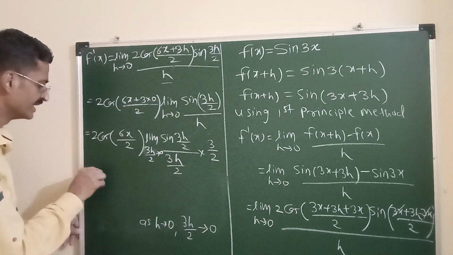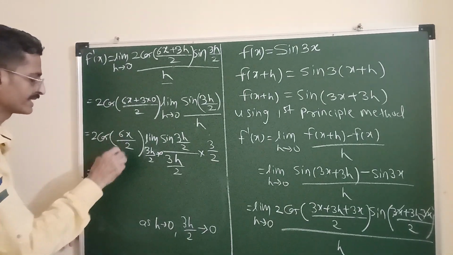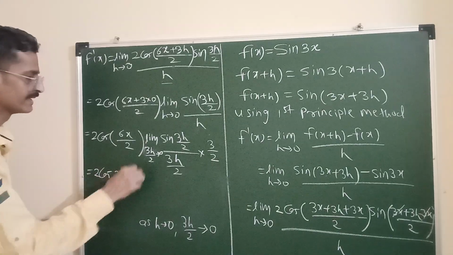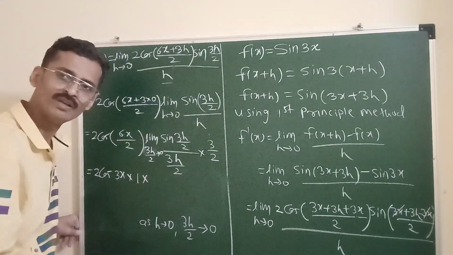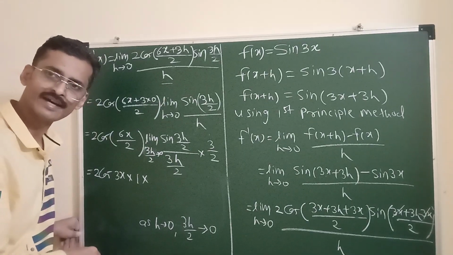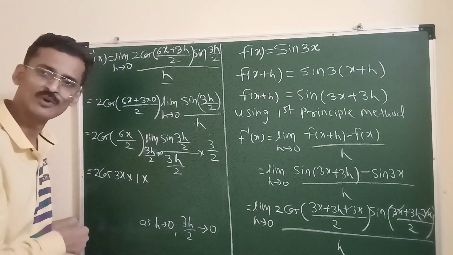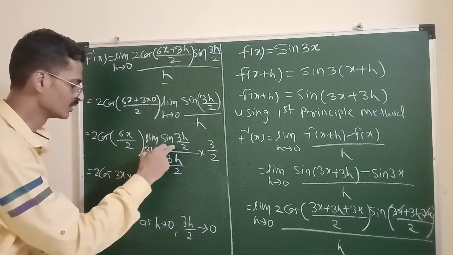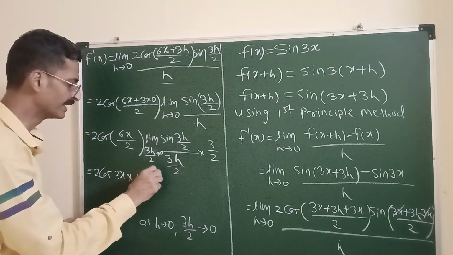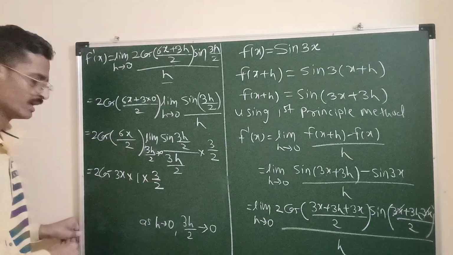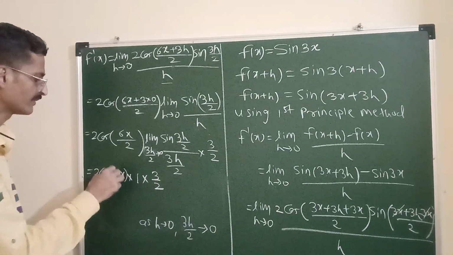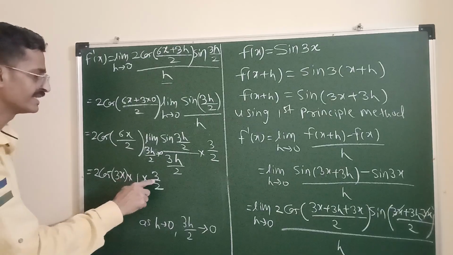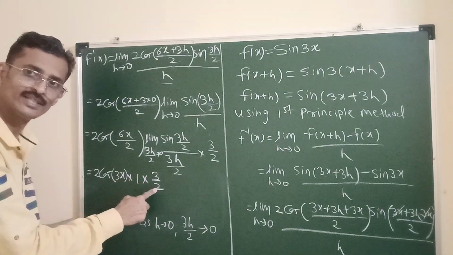So now the answer is 2 cos of 6x by 2, that is 3x. This becomes 1. In bracket write the formula: limit theta tends to 0 of sine theta upon theta is equal to 1. So this becomes 1 into 3 by 2. Now cos of 3x is given, and 3 by 2 is outside this cos.